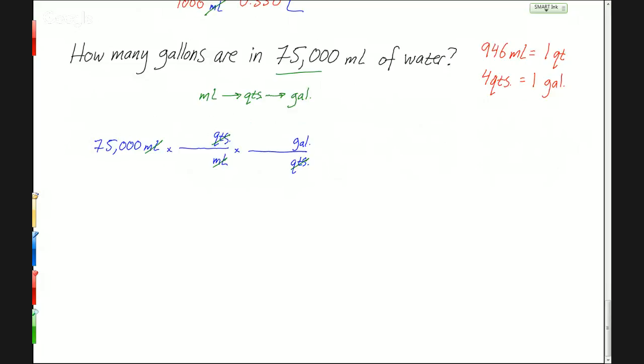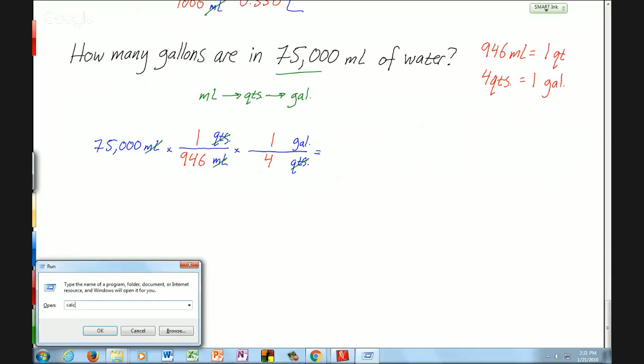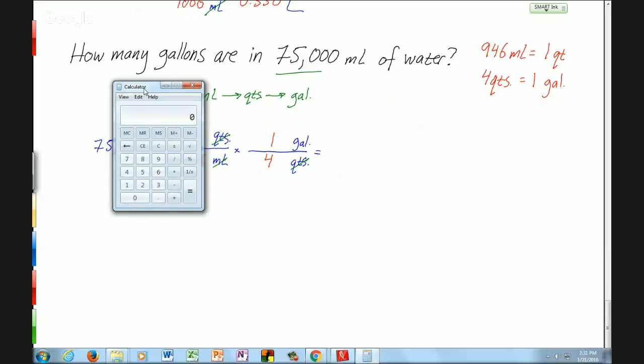All right, so now we look back up at our conversion factors up here. 946 milliliters in a quart, 4 quarts in a gallon. Pull my calculator.